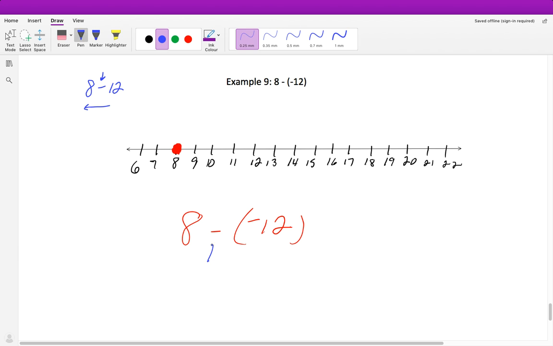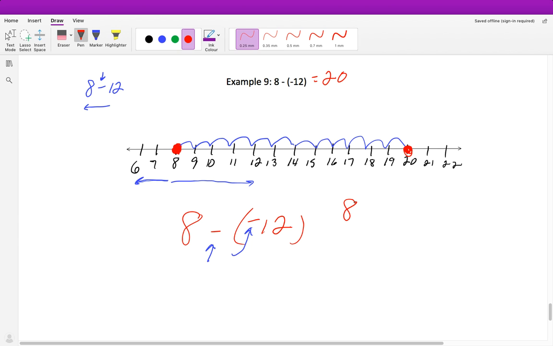So when I see this minus sign, it's making me think, well, I'm going to have to move left. But then when I look in here again, it's actually telling me I'm minusing in the opposite direction. So instead of me moving left, because I see it's 2 negatives, it's actually telling me I'm going in the opposite direction. So I actually have to end up moving right. And it'll be 1, 2, 3, 4, 5, 6, 7, 8, 9, 10, 11, 12. And I know that this is going to be equal to 20 then.